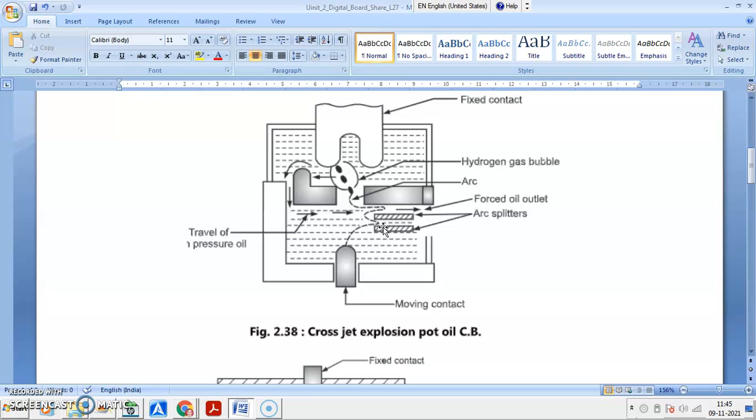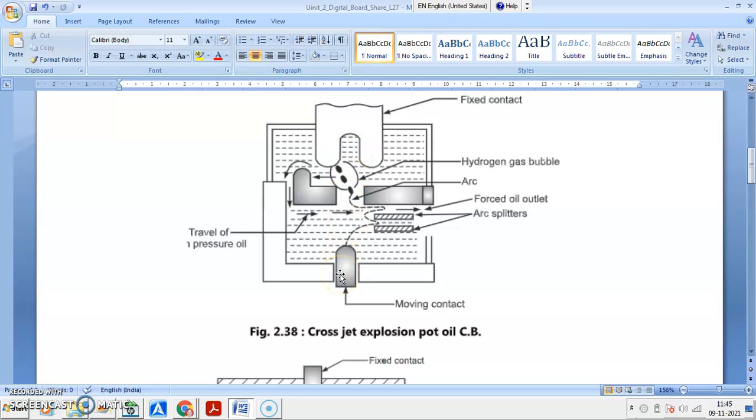The chamber has two major parts, as shown in the figure. Under normal operating condition, the moving contact is in closed position with the fixed contact. On occurrence of a fault, the moving contact gets separated from the fixed contact and comes down. Initially it is engaged with this.